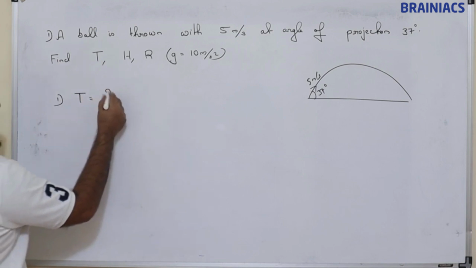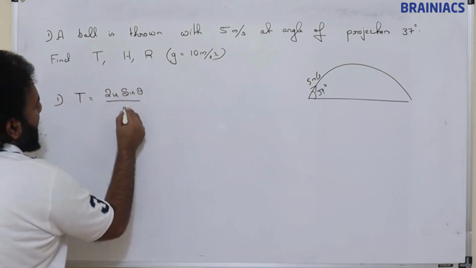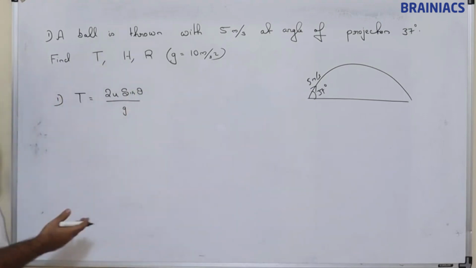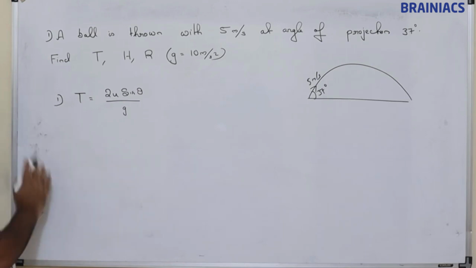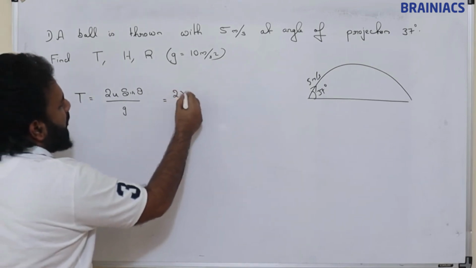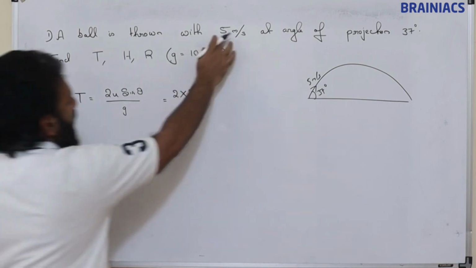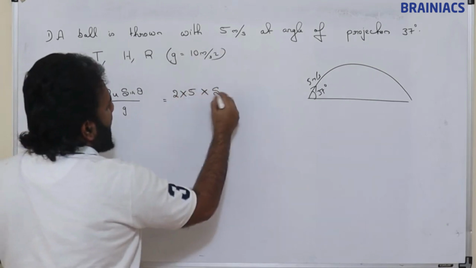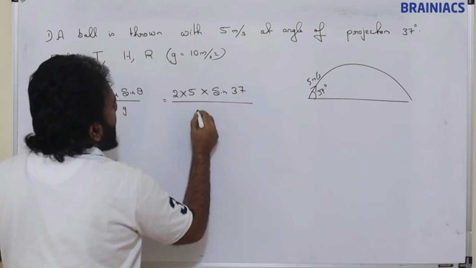What is the formula? 2u sin theta divided by g. All these shortcuts and remembering techniques we have discussed. So this is going to be 2 into u, u is 5, into sin 37 divided by 10.